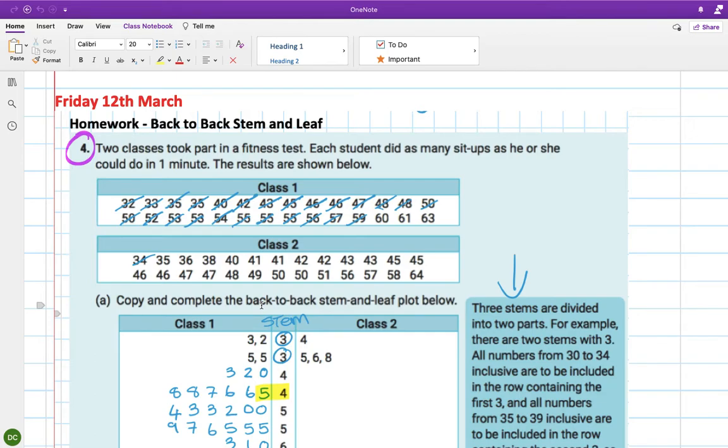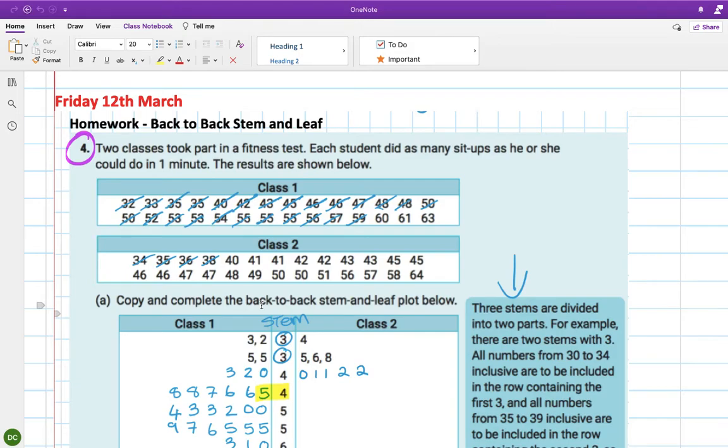So we have 40, 2 41s, 2 42s, and 2 43s. 1, 2, 3, 4, 5, 6, 7. Okay, it's catching up there.